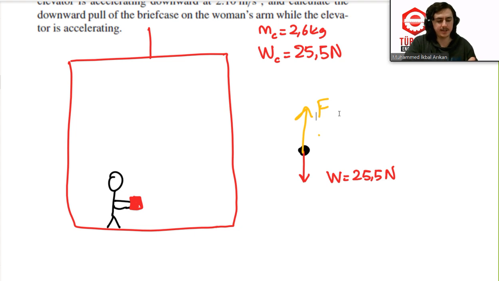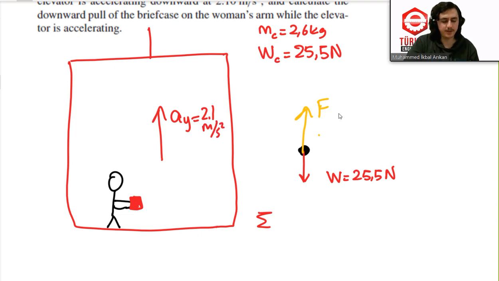How can I calculate F? As you know, it's accelerating upward, right? They are all accelerating upward with a known amount of acceleration. It is just 2.1. So when you take the resultant force in y, it must be equal to m times acceleration in y.